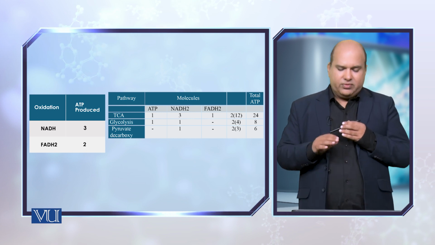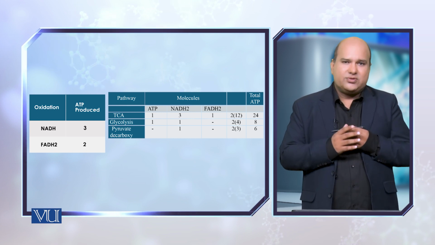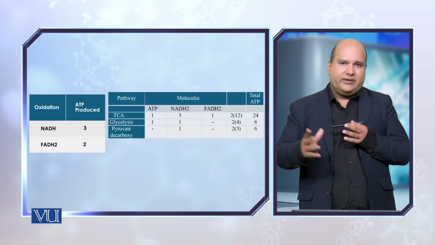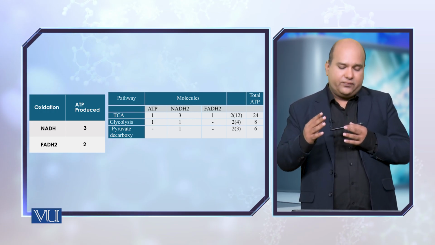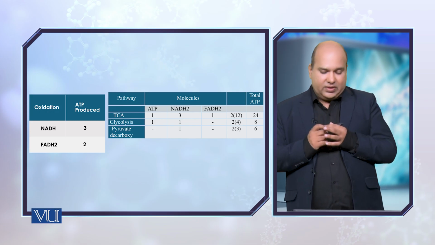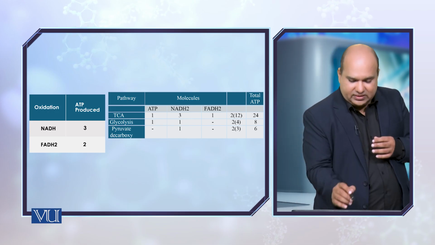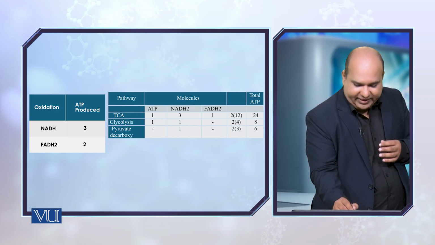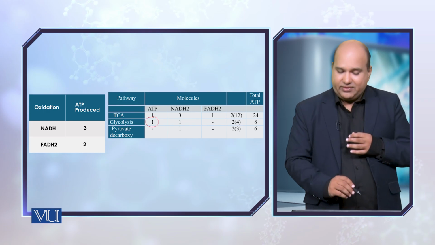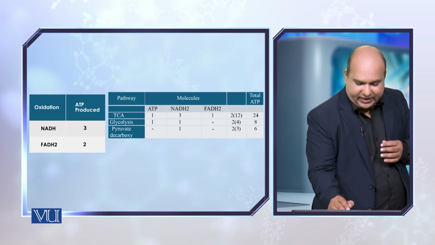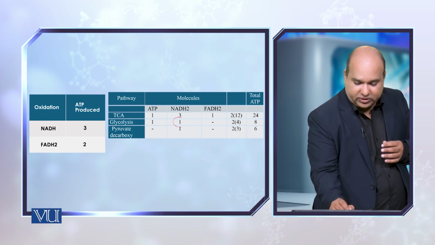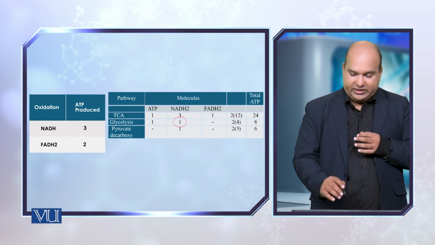But not only TCA, we also think about different parts of the glycolytic pathway. From glycolysis, you get 1 ATP at substrate level phosphorylation. You get 1 NADH2, which corresponds to 3 ATP molecules. There is no FADH2.